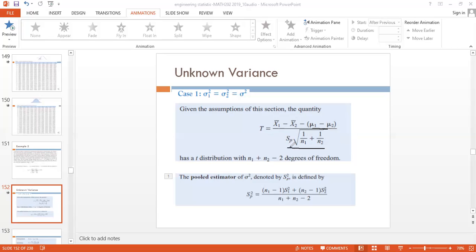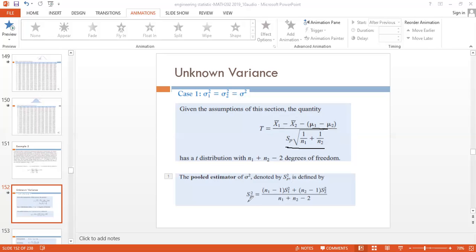Good. However, the little difference here, which we have to take note of, is that in the t distribution we are going to compute what we call the pooled variance. So we have the pooled estimator, which is a weighted variance. You calculate for Sp.